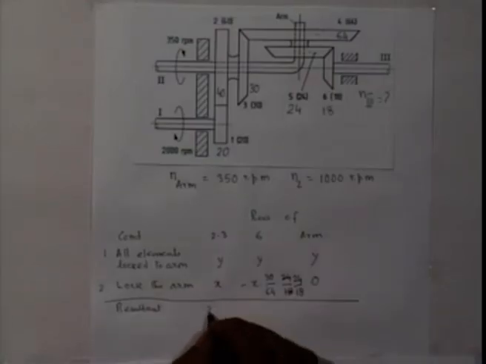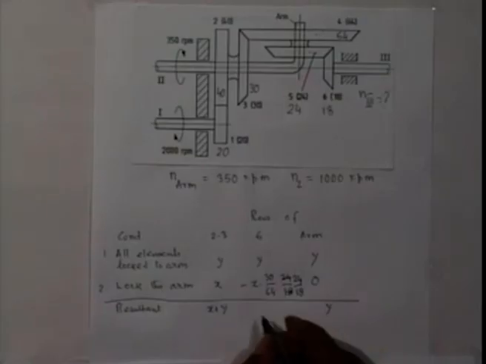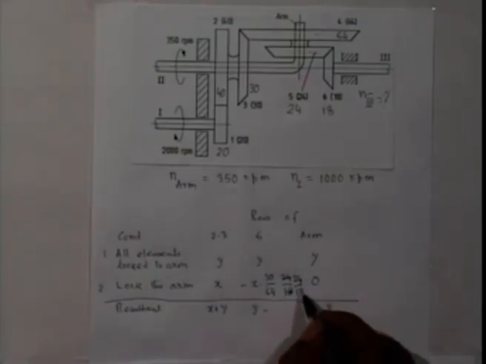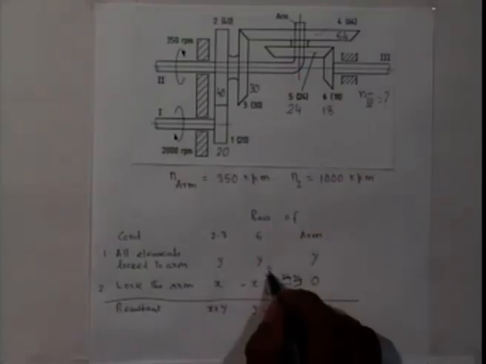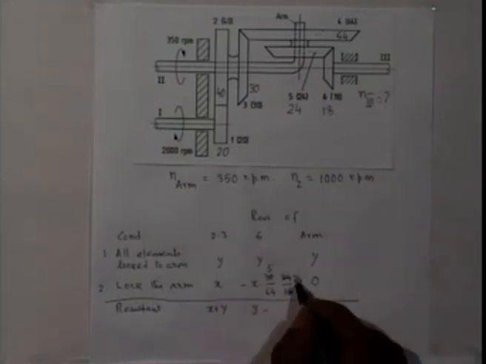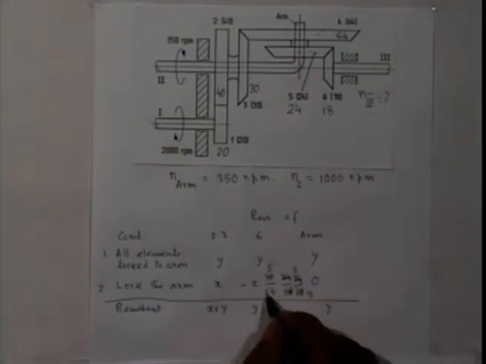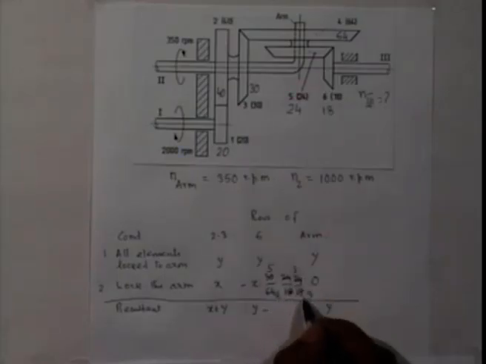So, it is x plus y, and this is y, and this is y minus, if I cancel 18 and 35, and if I cancel 8, 3, 8, 3 and 3 cancels.